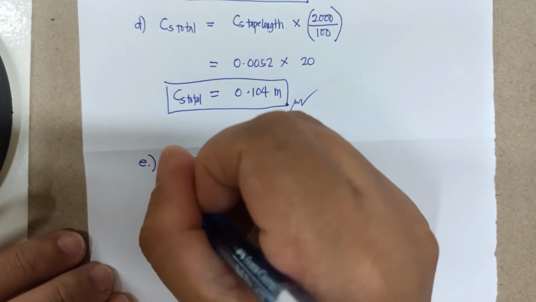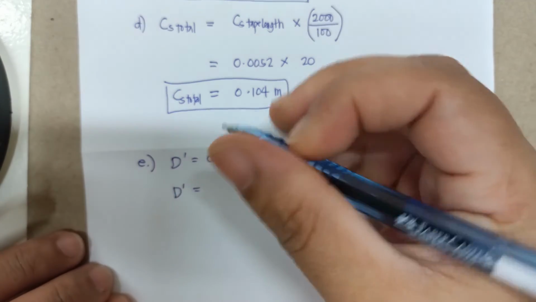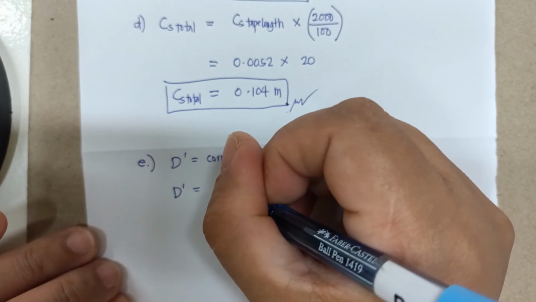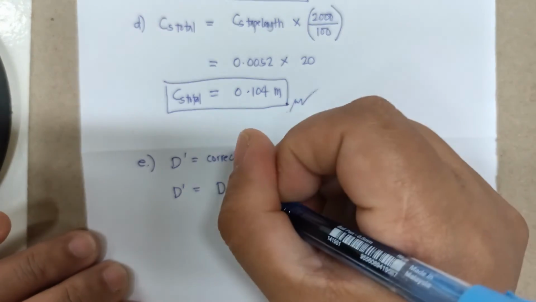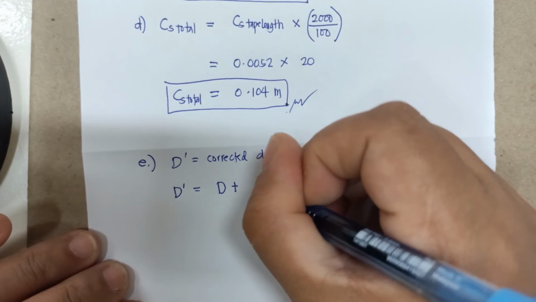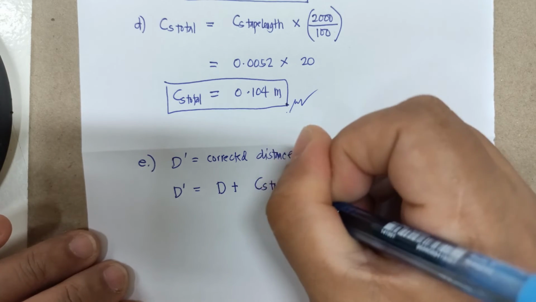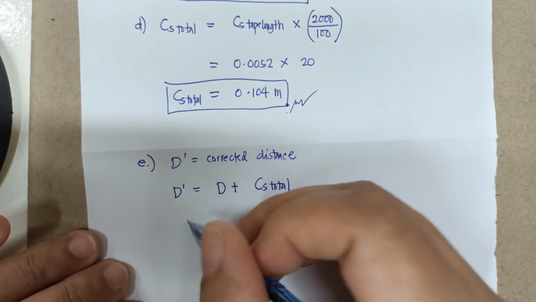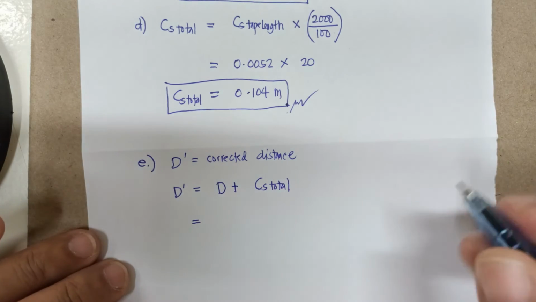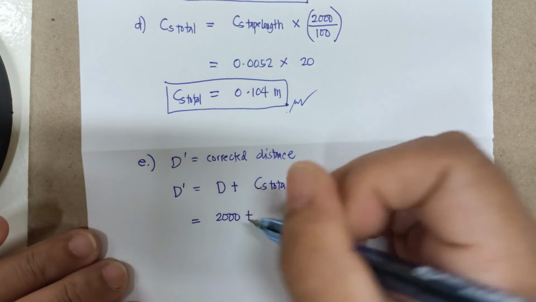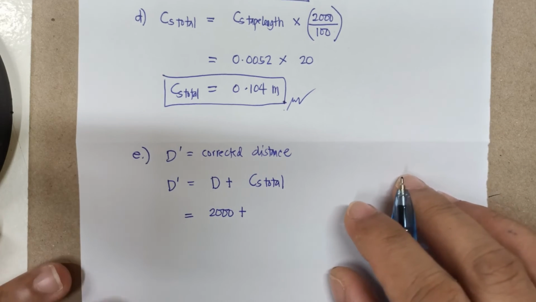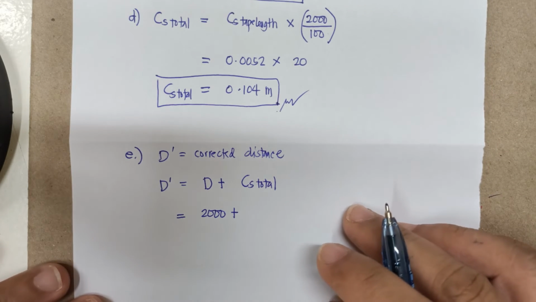And we know that the corrected distance is equal to the measured distance plus the CS total. So substitute the values. We have 2000 plus the CS total. So what is the sign of the CS total?